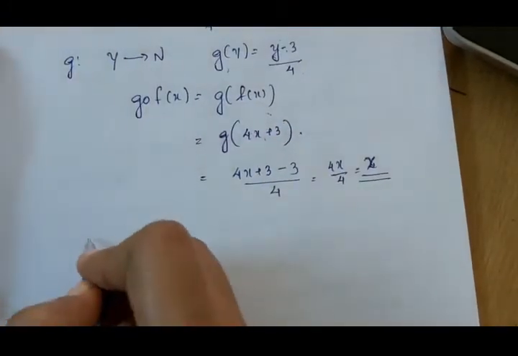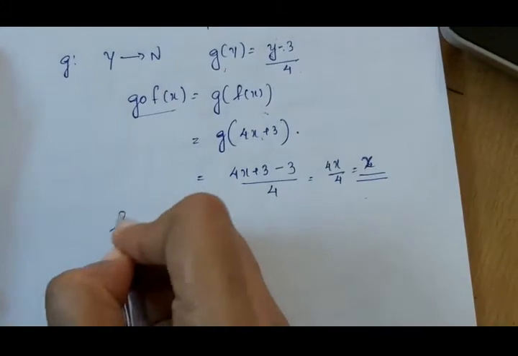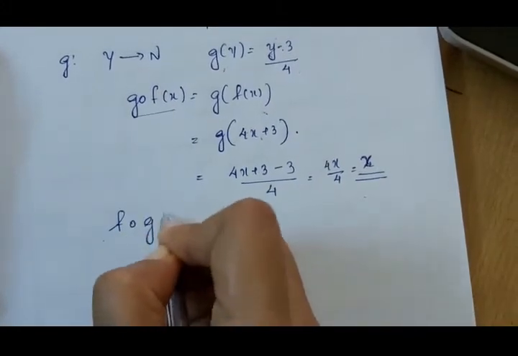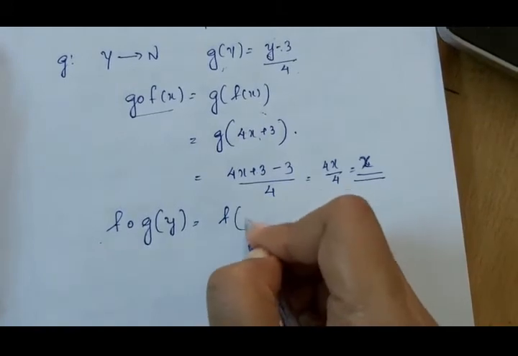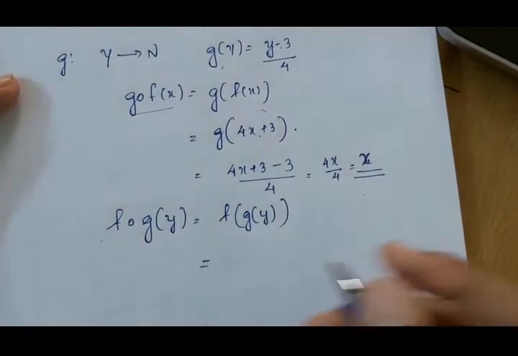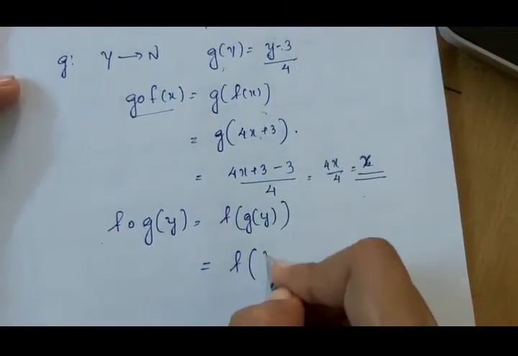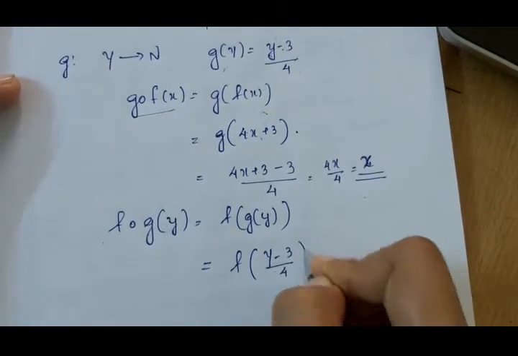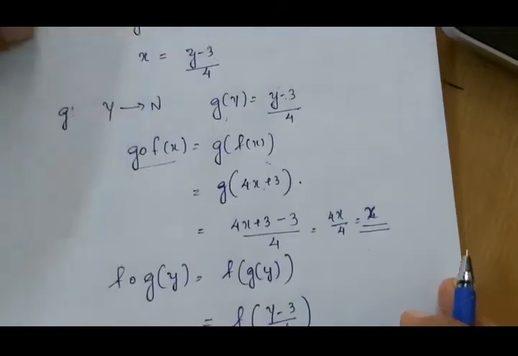Next, g composition f of x is equal to x. Next case, f composition g of y, which is equal to f of g of y. G of y is equal to y minus 3 divided by 4.